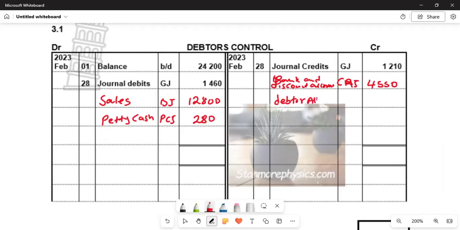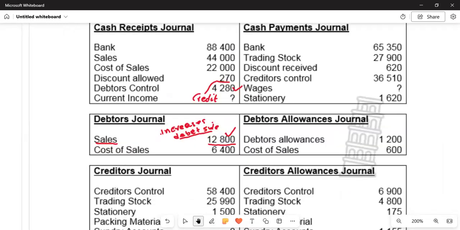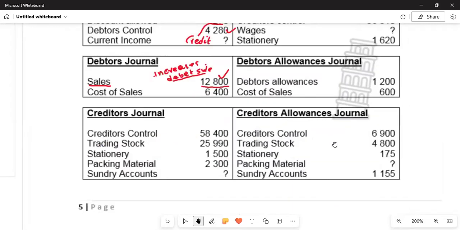Debtors allowance. That is the debtors allowance journal, DAJ of 1,200. Debtors allowances. So now we move on to the debtors allowance journal that we talk about here.